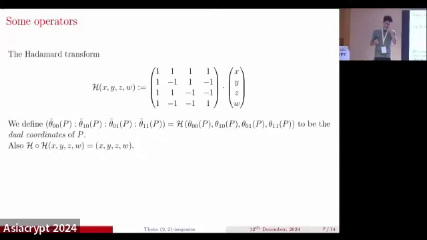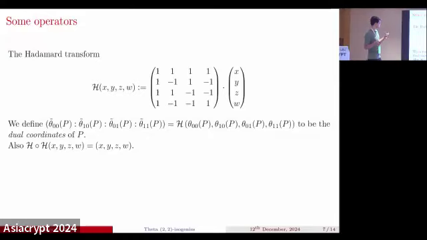Okay, now let me introduce the formulae. Maybe the theory to understand all the mathematical details can be complicated, but concretely what you need to compute these isogenies is just 3 operators. The first operator is the Hadamard transform. Roughly speaking, the Hadamard transform is just a matrix multiplication.